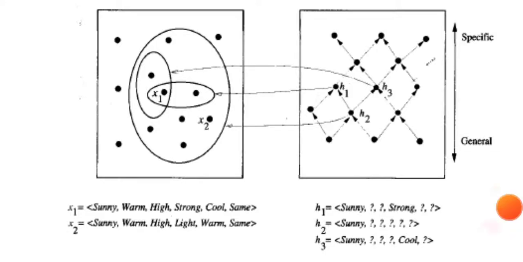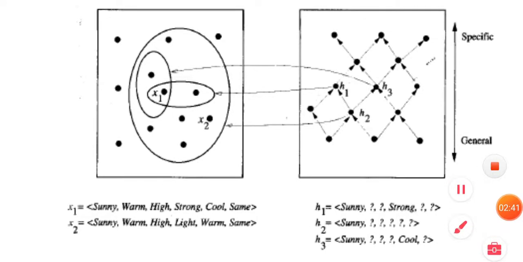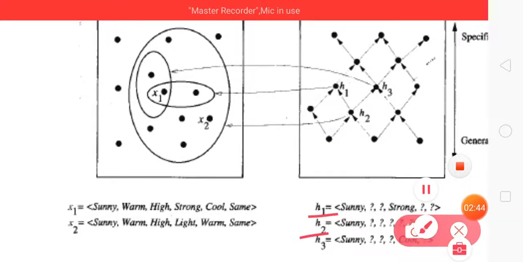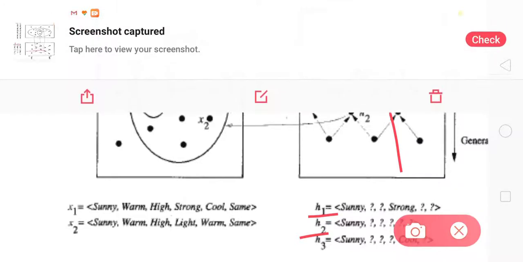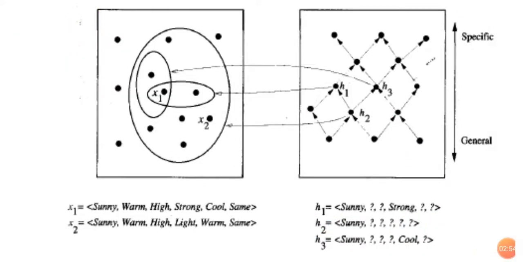First we will take only two hypotheses, H1 and H2. These possible statements are made from the instances. First, the H1 hypothesis contains the attribute values sunny, question mark, strong, question mark and question mark.